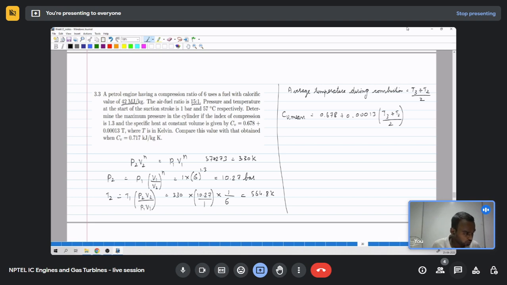So now we assume unit quantity of air. Then Q2 to 3 per kg of air will be 42 megajoules by 15, right?